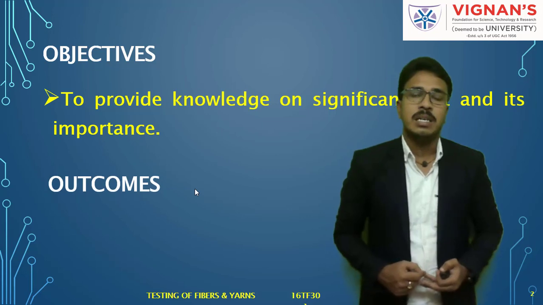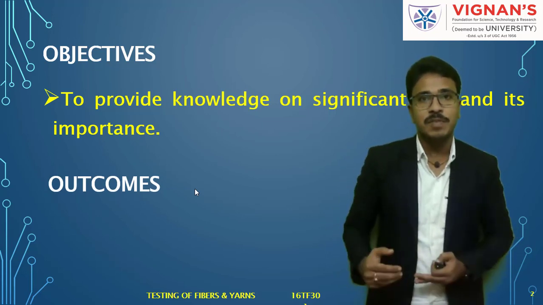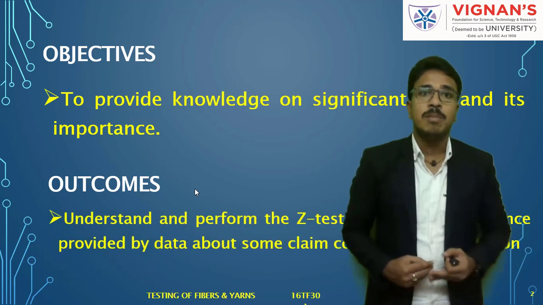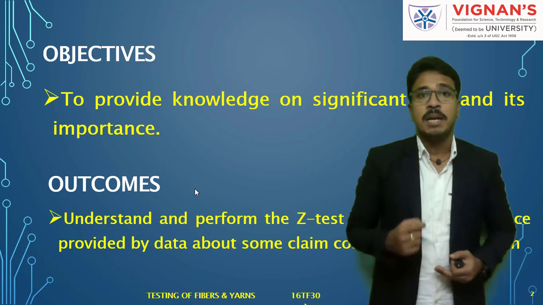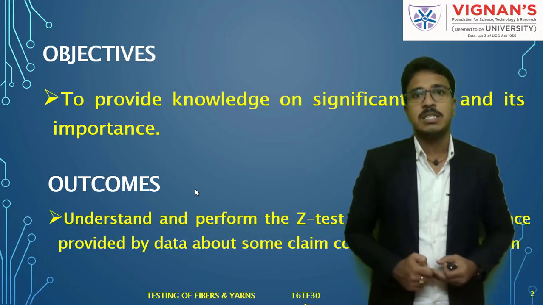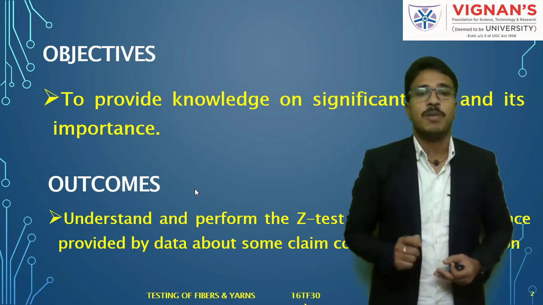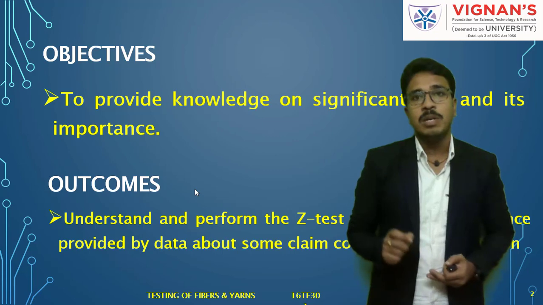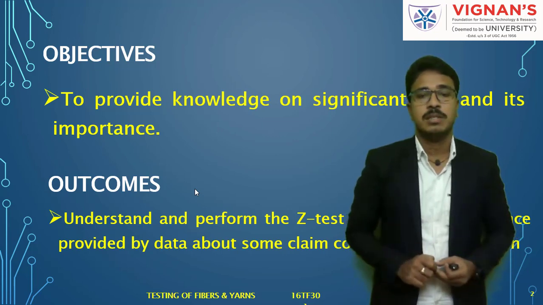The outcome at the end of this presentation is that you will be able to understand and perform the Z test, to assess the evidence provided by data about some claim concerning a population.